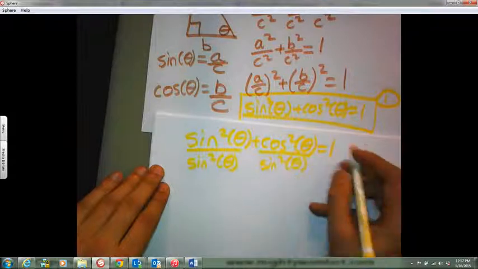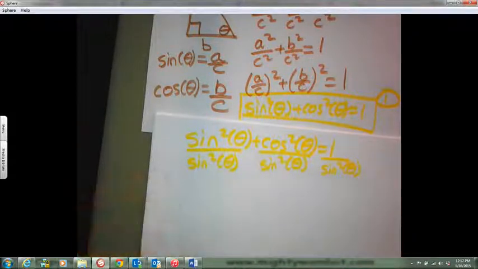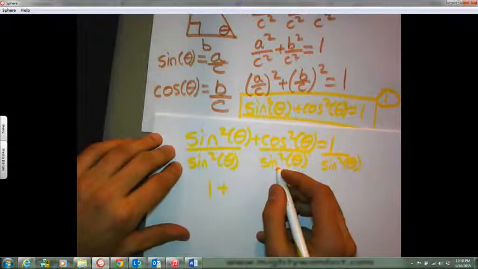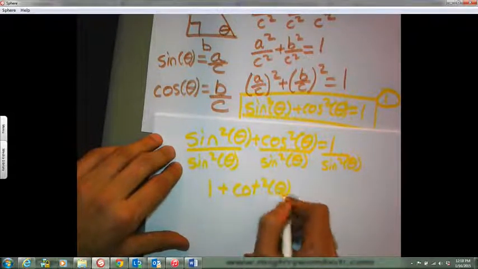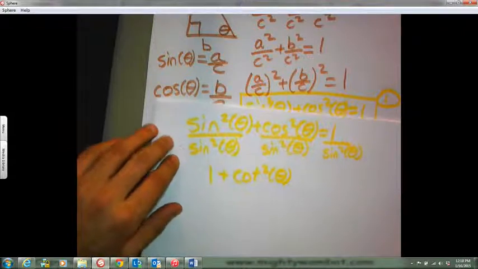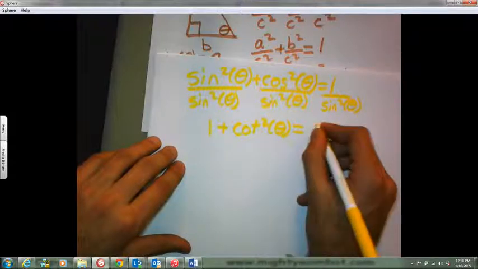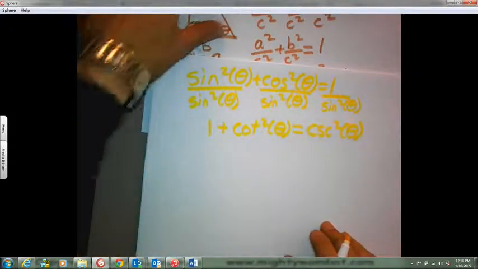Sine squared theta divided by sine squared theta is 1. Cosine squared theta over sine squared theta is cotangent squared theta, because cosine over sine is cotangent. And 1 over sine is cosecant, so this is just cosecant squared theta. This right here is the second Pythagorean identity.